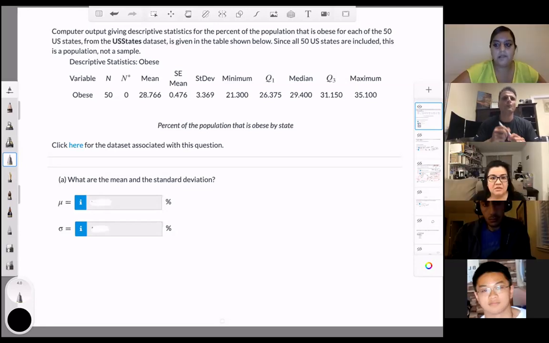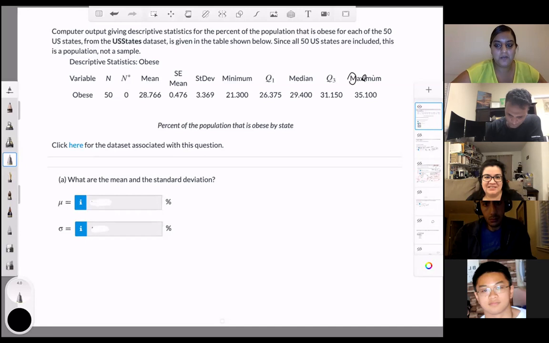All right, a few more minutes left. Let's do this one. What are the mean and standard deviation? It's right there, correct? Is that a trick question? Because it's right there on the page. If you study, it will be easy. But some people might say, oh, min.